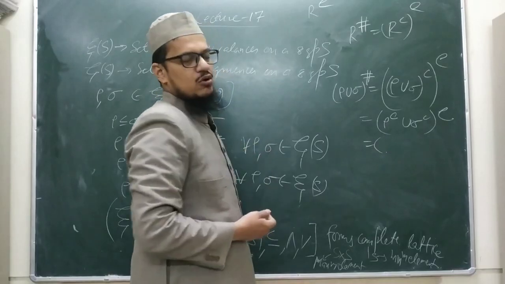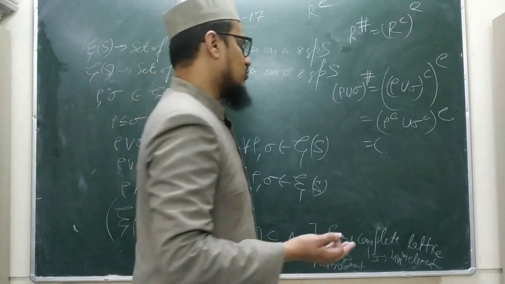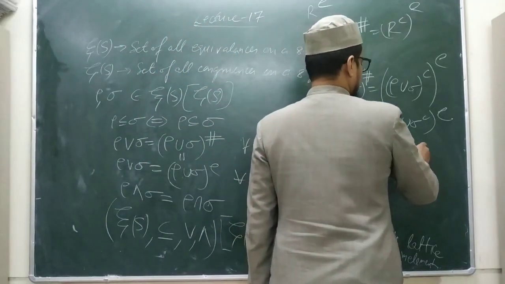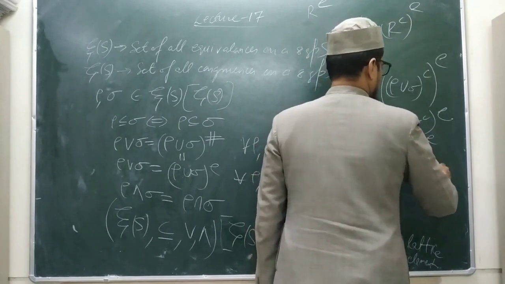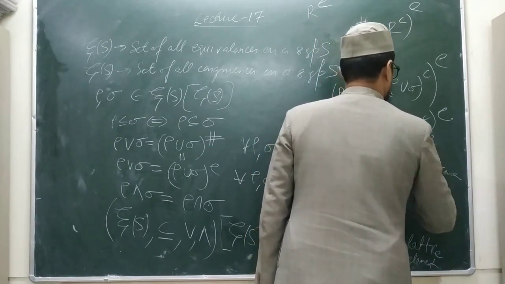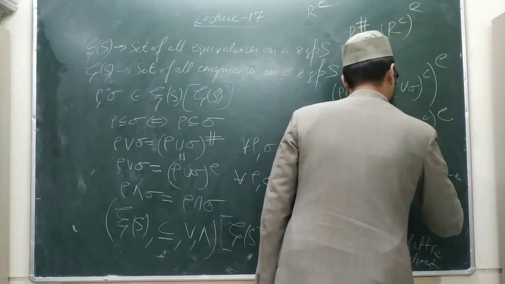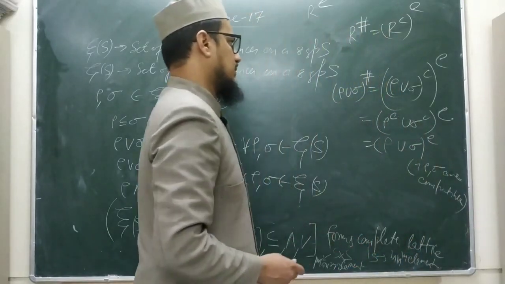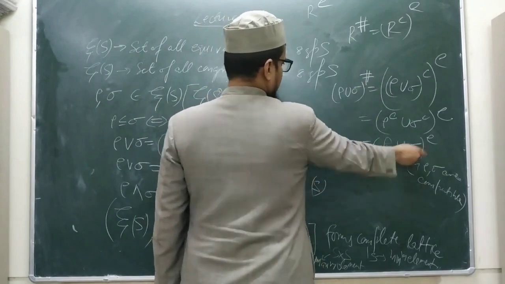So when rho and sigma are congruences, it means they are compatible, and then rho C is equal to rho, and sigma C is sigma E. Since rho and sigma are compatible, they are left compatible as well as right compatible. So we see rho union sigma hash is equal to rho union sigma E.